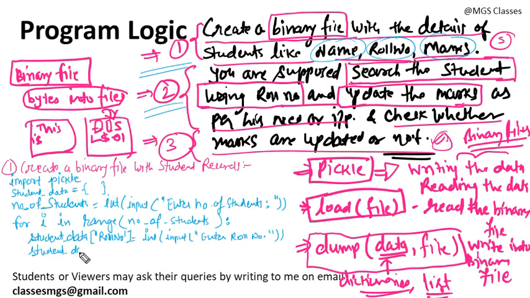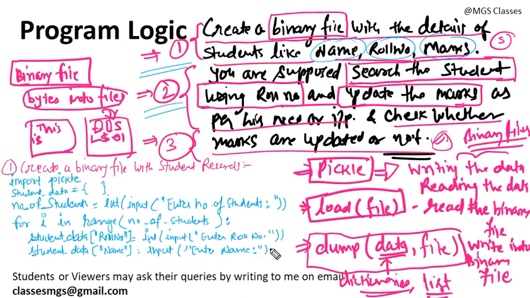student_data. Then you are inserting the name of the student. Let's suppose this will be the name. Okay, and name will be directly a string, so we need not write integer. And then input, enter name.